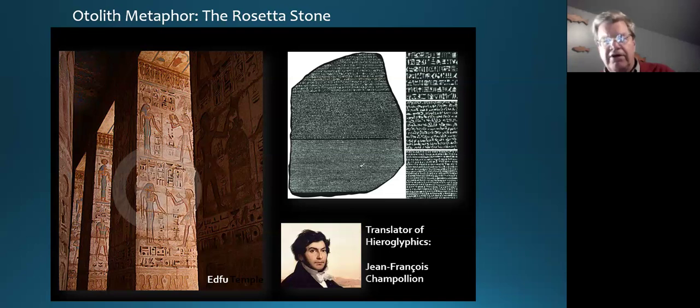This is a stone that had parallel languages, the hieroglyphics on top, then ancient Egyptian, and then Coptic language below. And this suddenly allowed all these glyphs to be translated. So it's a nice metaphor for any number of things, but because we're talking about stones, I thought Rosetta Stone worked well. And we're going to show you how we've translated otoliths as their own Rosetta Stones.